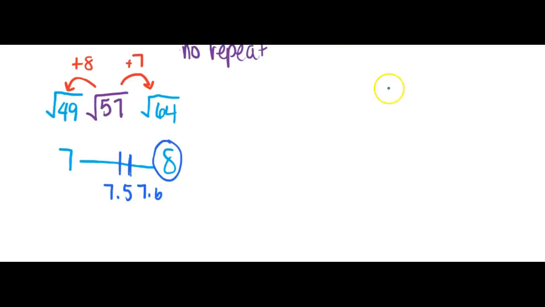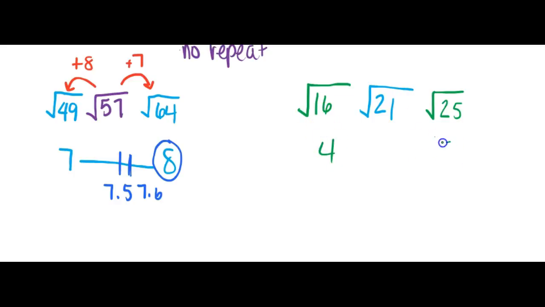Let's try another one. So the square root of 21. If we have the square root of 21, we look at the perfect squares on both sides. So let's see, 16 and 25. What do you guys think? You see how the number 21 falls in between 16 and 25? This is 4, this is 5, so it's going to be somewhere in between there.